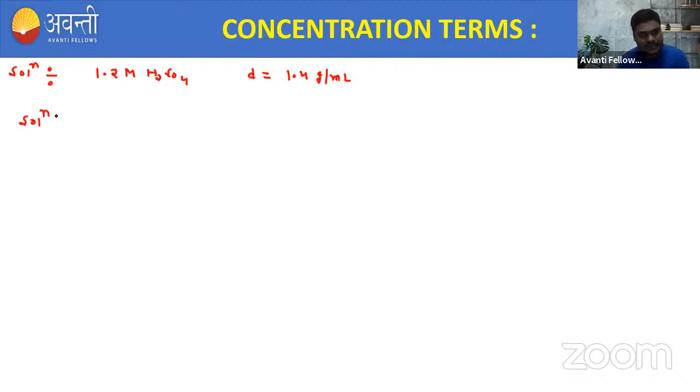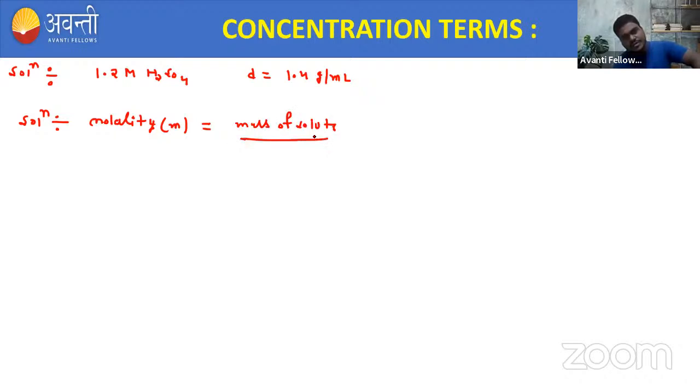Let's calculate. What is molality, beta? We can represent molality as small m. Molality m is equal to number of moles, that is mass of the solute divided by molar mass, into 1000, divided by the mass of the solvent.